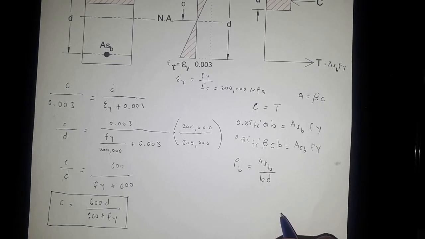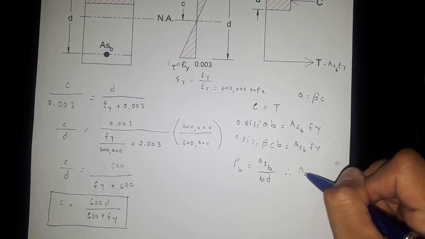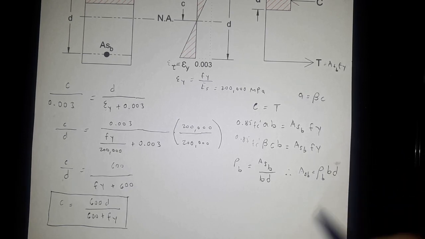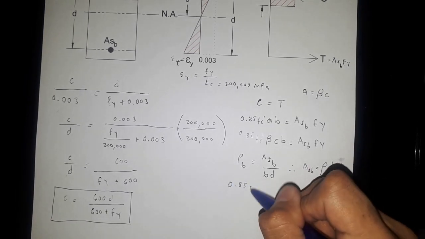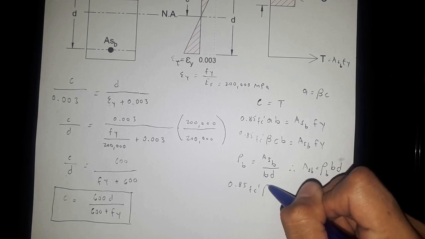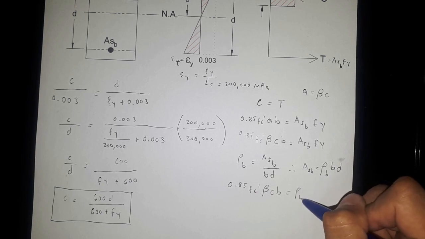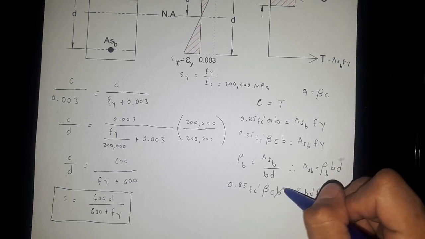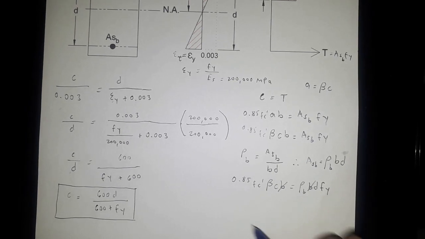So, substitute natin. So, ito from here, magiging AS balance is equal to raw balance BD. So, substitute natin dito. So, magiging 0.85 Fc prime beta C B equals raw balance multiplied by BD Fy. So, pwede mag-cancel yung B. So, makakuha natin yung balance steel ratio.